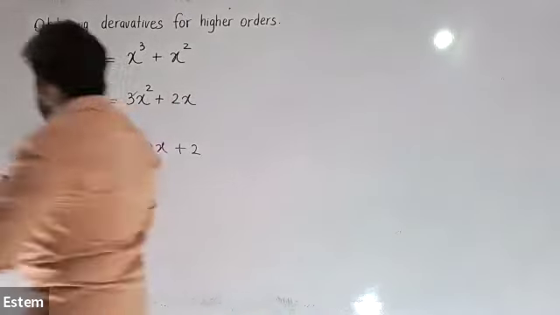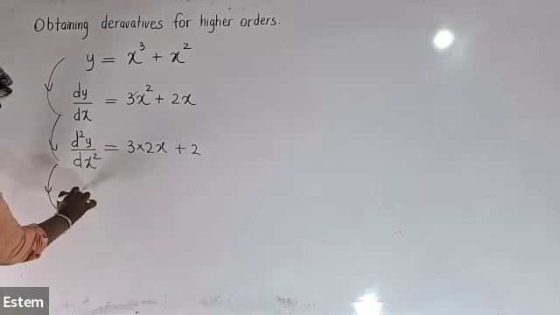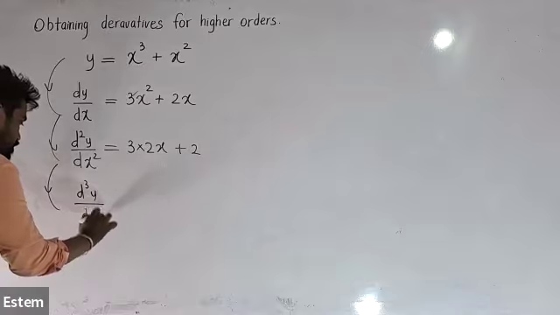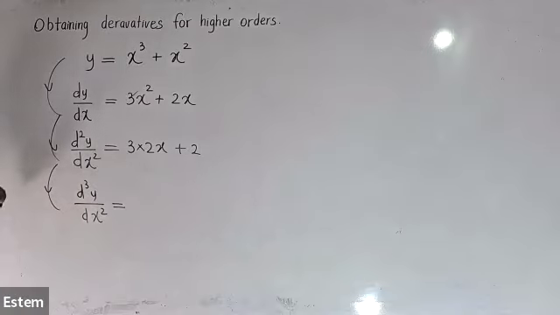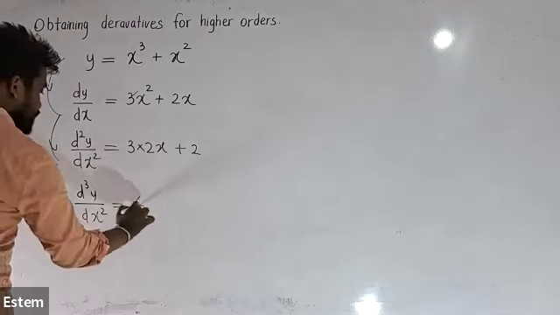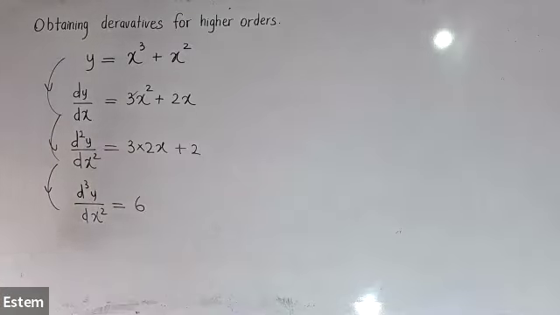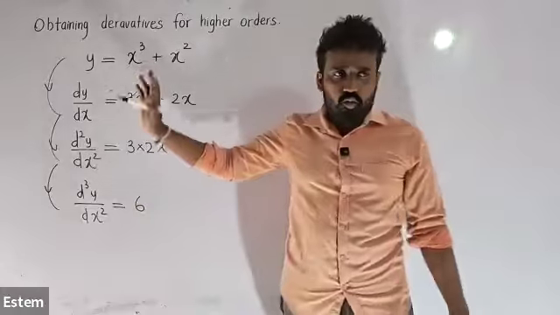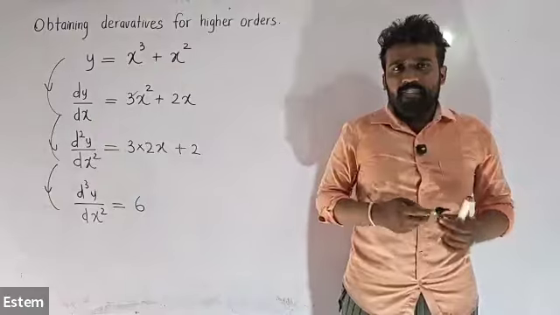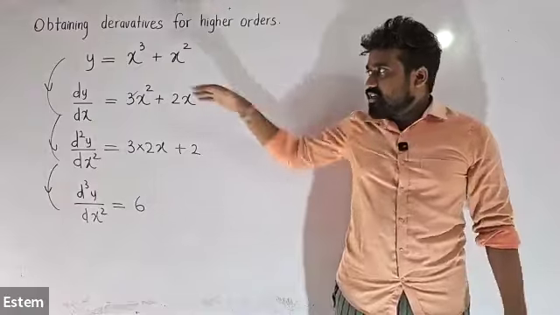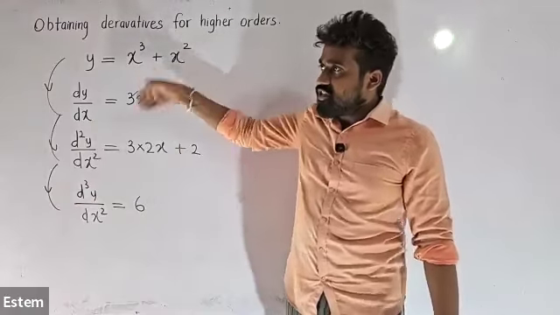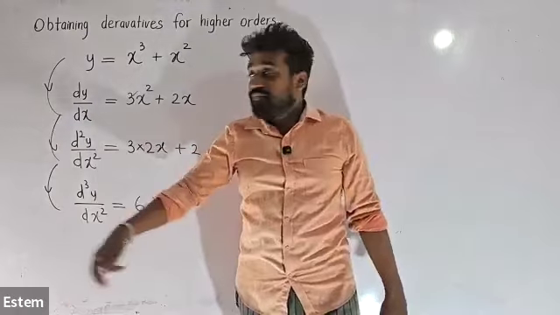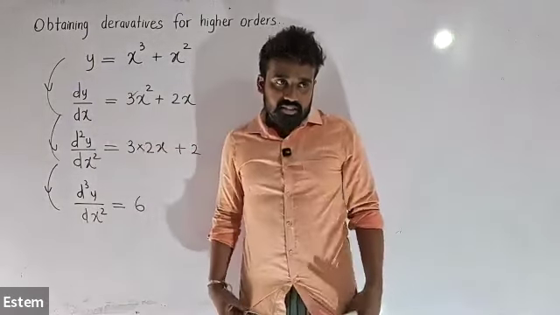We can differentiate a third time also, third order. 3 into 2, 6. Did you understand what this order is? We get a function and differentiate again and again, and that is the order thing.